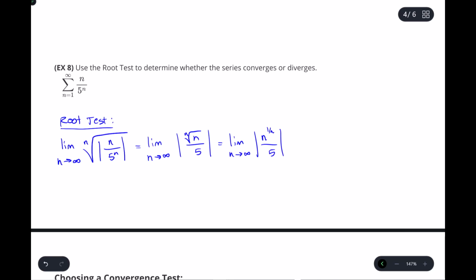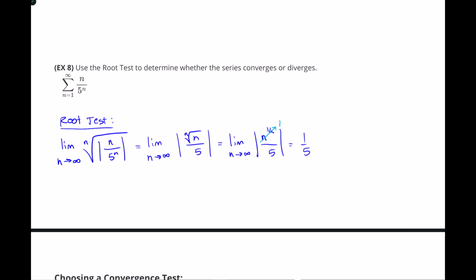And we said that that limit, as n goes to infinity, is equal to 1. So that was a result that I mentioned at the beginning of the root test. And so you can just use that freely. You don't have to go through a table to prove that. So what that means is this limit's going to 1/5.